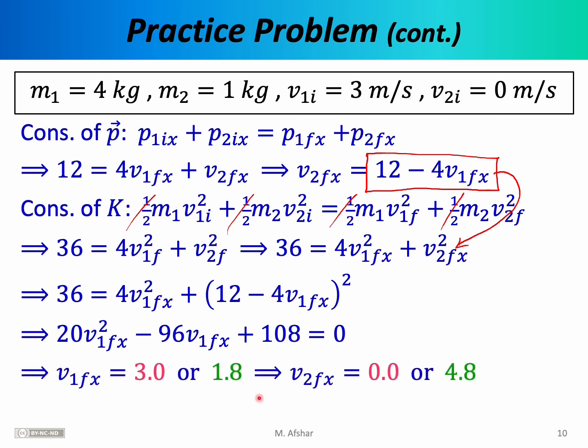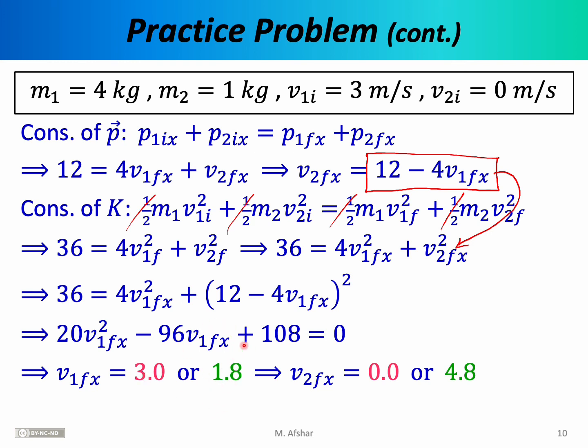The quadratic formula always gives you two answers. Often you can eliminate one of them because it turns out to be negative or something nonsensical. In this case, both of the answers are going to be positive. So try the quadratic formula on this equation here and solve for V1f in the x direction, and you'll find that the two answers you get are 3 and 1.8.